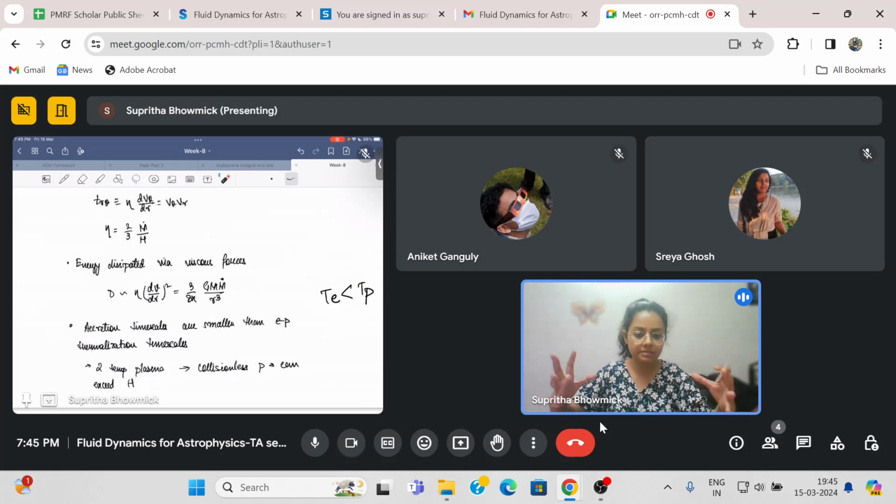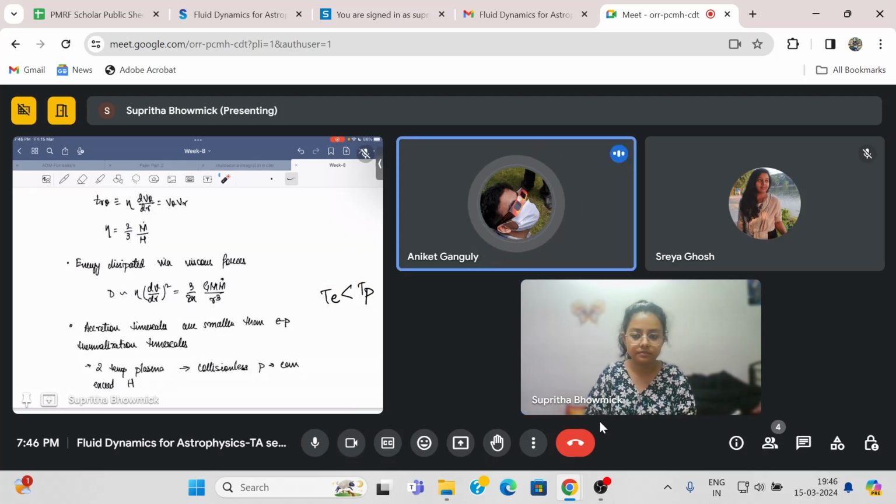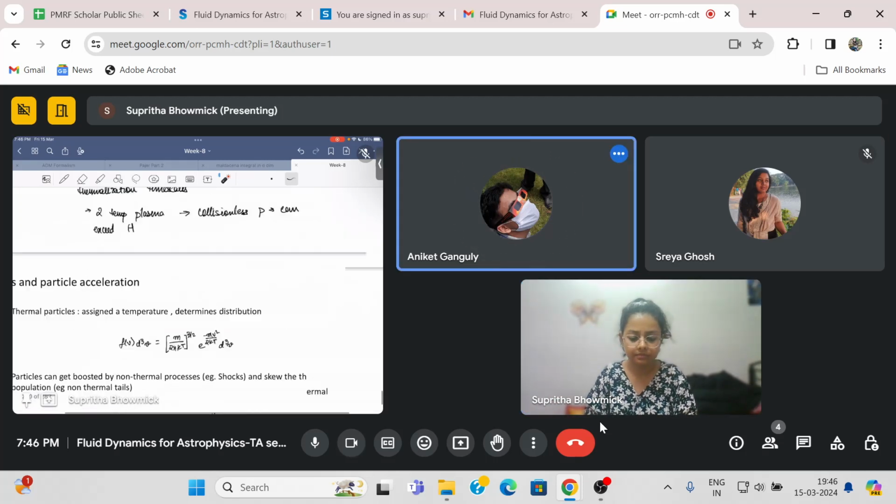But this gas system, which has two components, electrons and protons, has not been able to thermalize yet. So you can't assign a single temperature to this plasma. You say that there are two components with temperatures Te and Tp. So it is a kind of heterogeneous mixture.